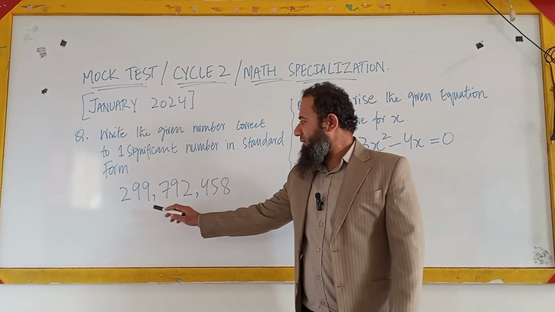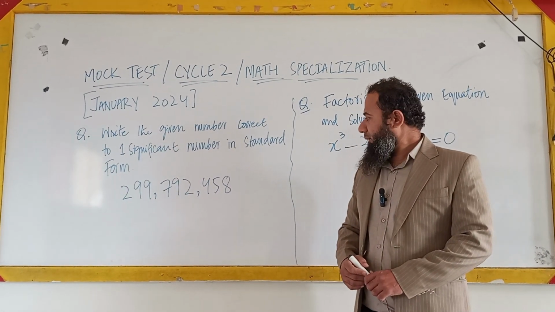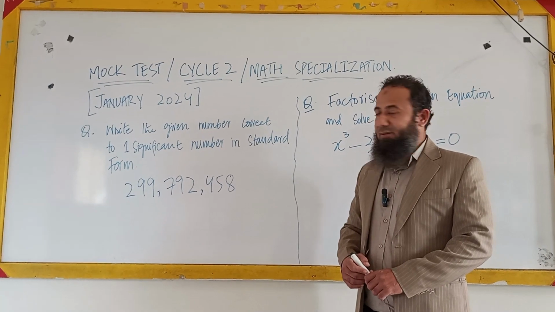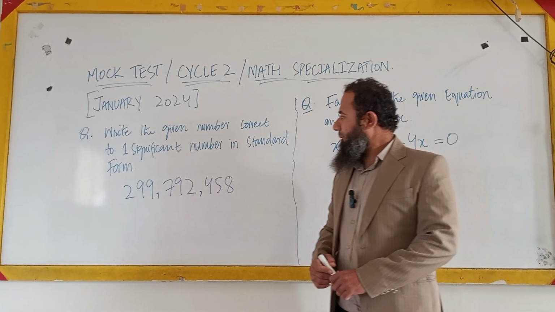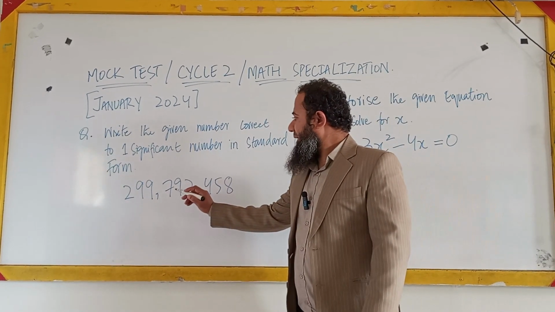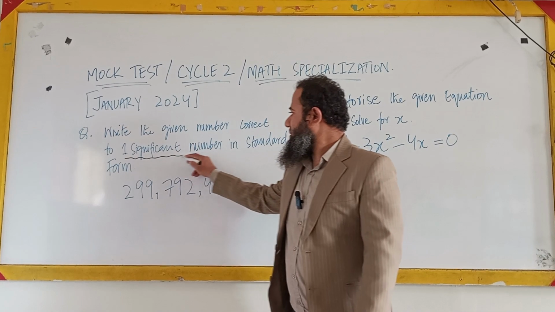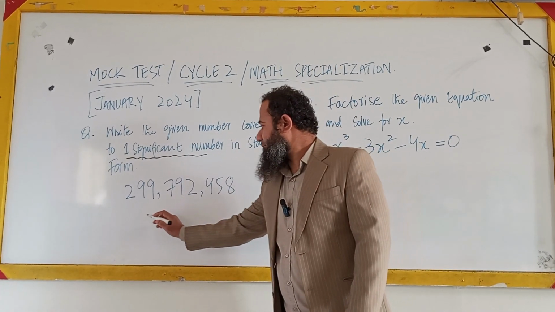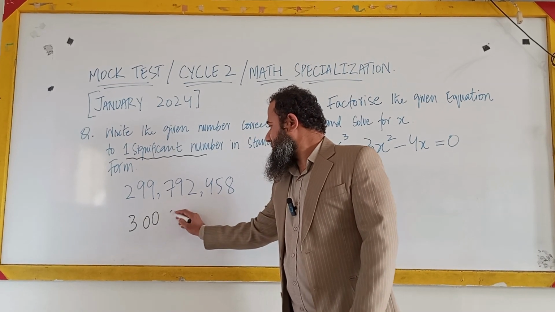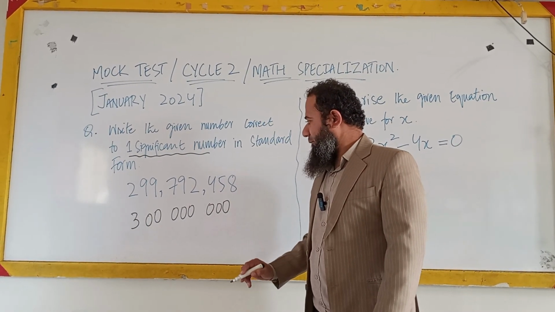So this number is 299,792,458. We need to write this number in standard form. First of all I will change this number to the nearest one significant figure, so 300,000,000.